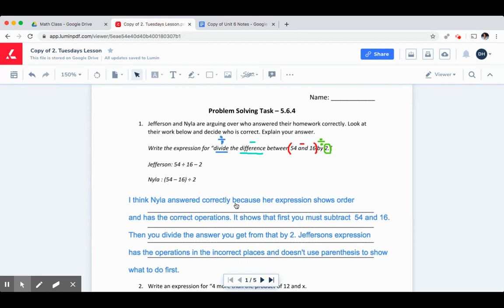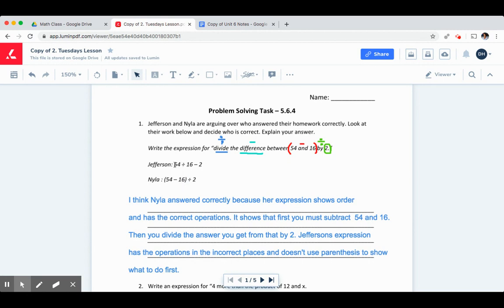Nyla's expression shows that first you must subtract 54 and 16, and then you divide that difference by 2. So the reason why Nyla correctly matched her expression to the phrase is because she used parentheses to show order. Her parentheses show us what to do first and what to do second.